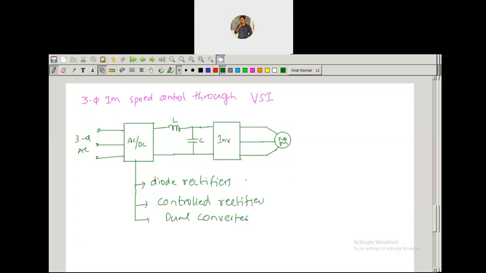One thing you have to remember is that while you are using the diode rectifier for the conversion of AC to DC, we use a pulse width modulation inverter. The voltage and frequency are both varied by using the PWM inverter, as it is an uncontrolled rectifier.